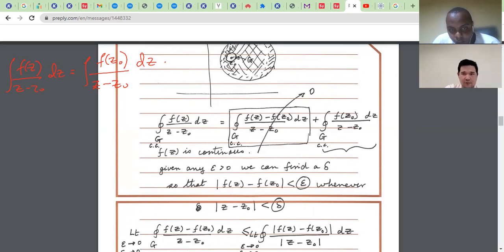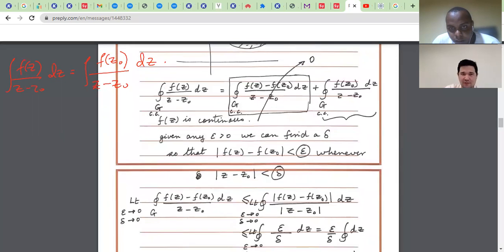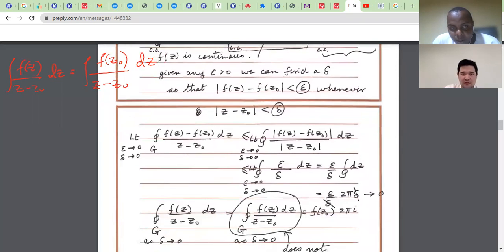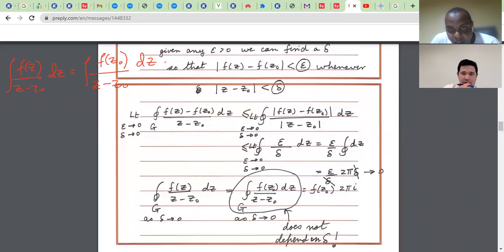Okay, I agree. What we just discussed, I mean, above. Yeah. So you bring in the epsilon and then the delta. So you let epsilon approach 0 and delta approach 0. So this limit will be less than epsilon over delta dz, which will be epsilon over delta times that integral of dz.